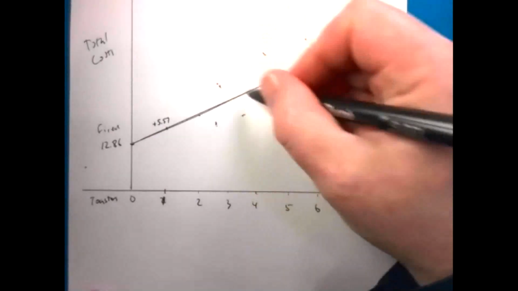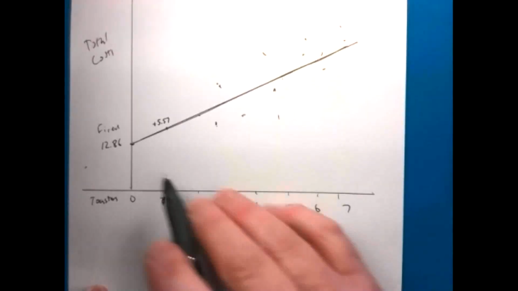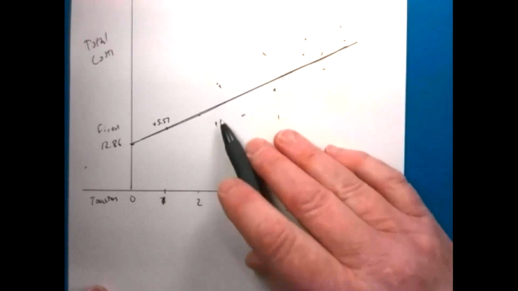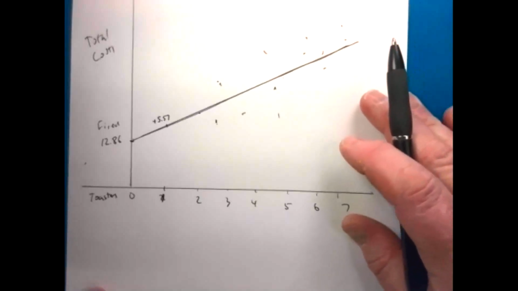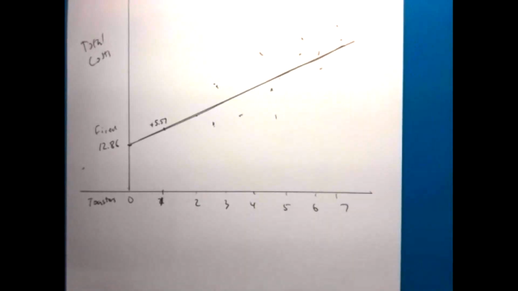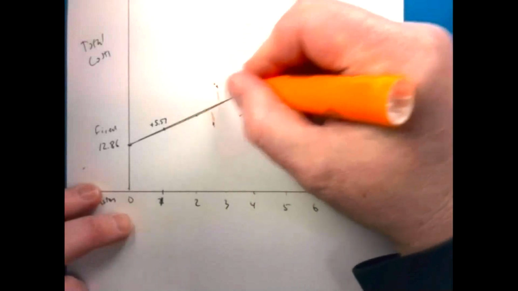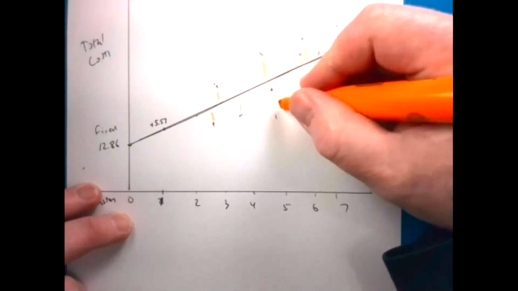Now, there might not be any data points actually on the line. It's our best estimate, but there may not be any data points that actually sit on that line. It's very common that they don't. But what this method does is it minimizes these errors, whatever they are.